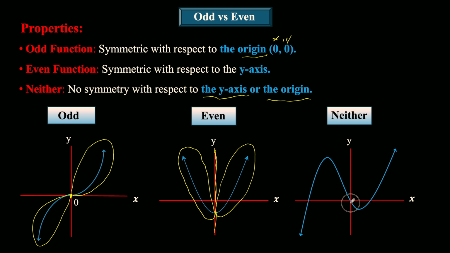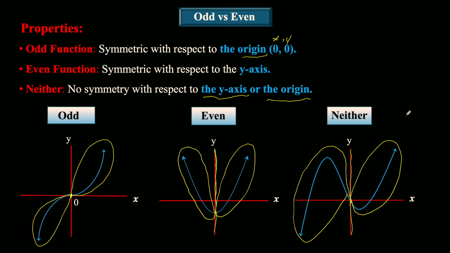So we check from here, this is the y-axis, okay? We see that this part is not symmetric with this part with respect to the y-axis. You see one curve goes up and one goes down. So they are not symmetric, right? So not even.